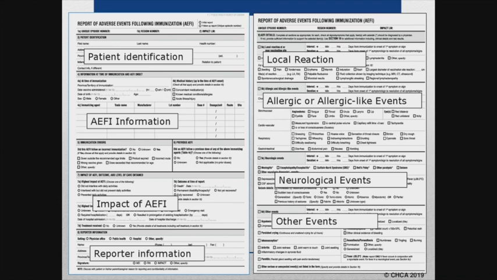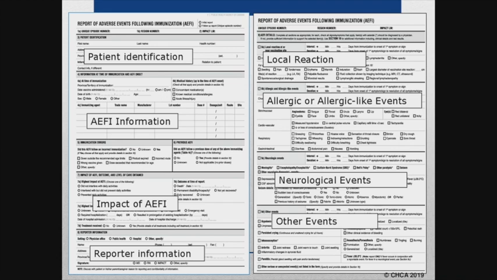Next is the impact, as far as any signs or symptoms resulting from the adverse event, and your information as the reporter. On the second page is whether there's a local reaction, an allergic or allergic-like event, neurological events, or other, such as GI or other situations which may be related to the immunization.